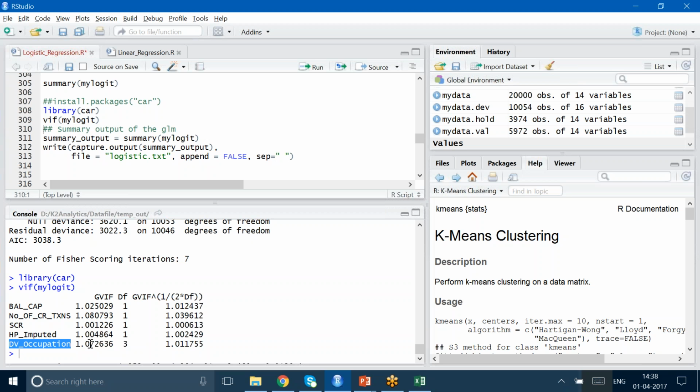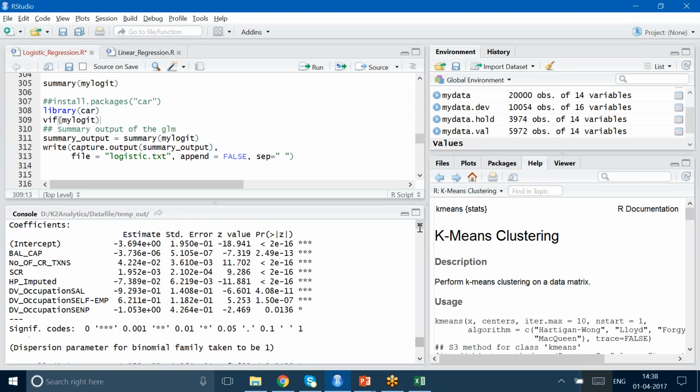So I don't have a multicollinearity phenomenon in this data set. I can safely assume that this model, at least from a development point of view, is stable.